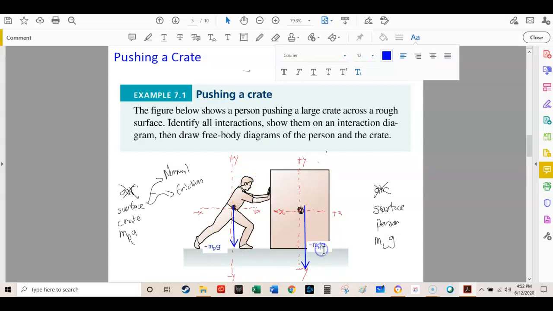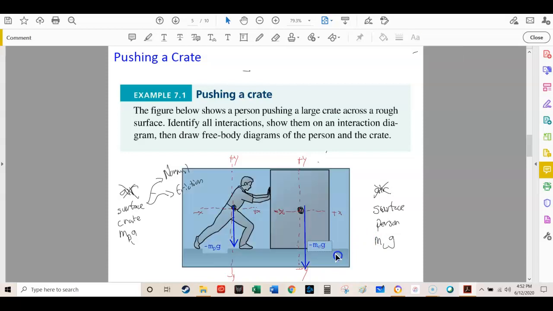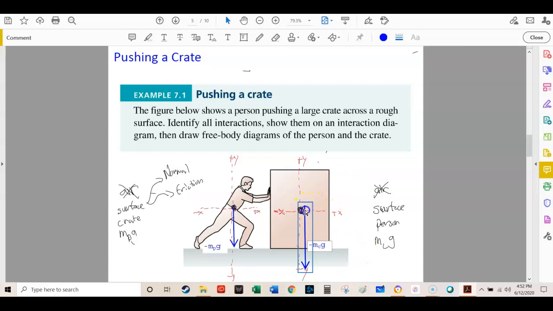So I double clicked on it and get to here. So that's the mass of the crate times gravity, so a longer force vector. Notice I'm attaching both of these vectors to the center of mass. And notice that the mass of the crate is much bigger than the mass of the person, so it's going to have a longer force vector.